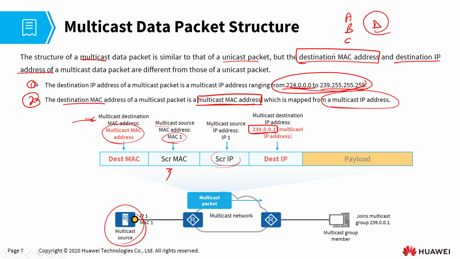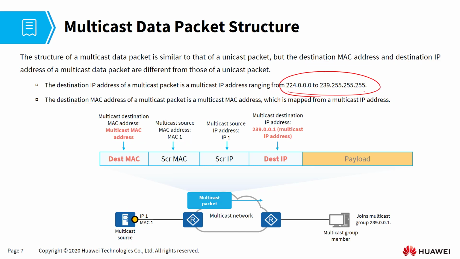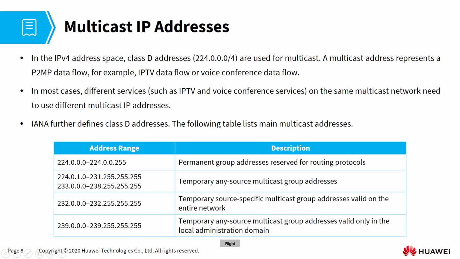Let us talk about the IP address first, and then we talk about the MAC address. We have said the IP address will be something in this range, but can it really be anything in that range? Let us get into this a little bit more.